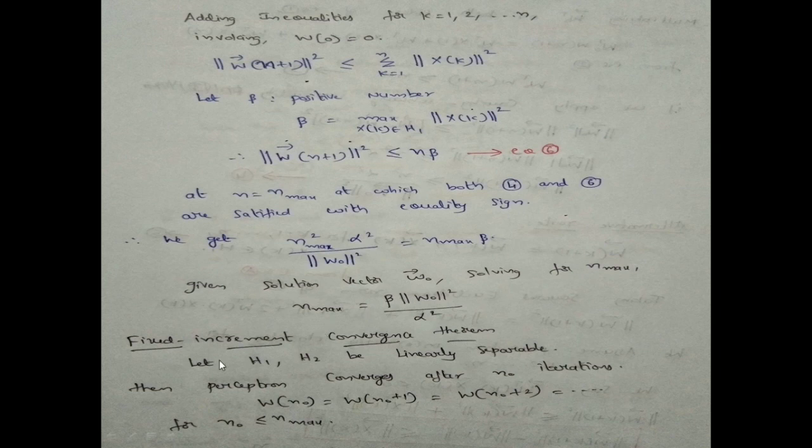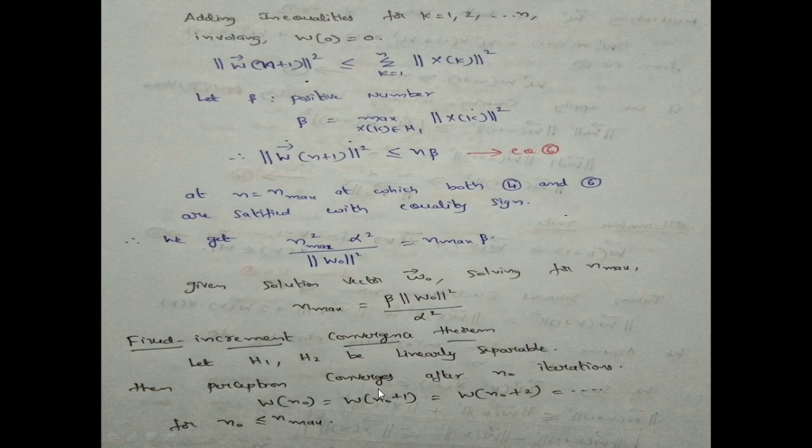So we now state the fixed increment convergence theorem for the perceptron as follows. Let h1 and h2 be the linearly separable subsets of training vectors, that is the inputs presented to the perceptron have originated from these two subsets.